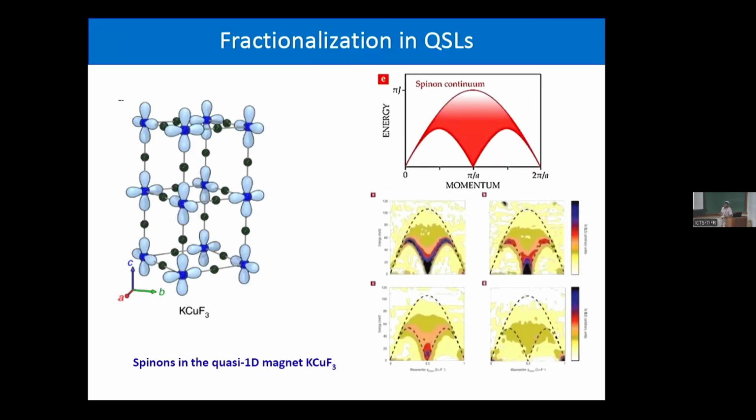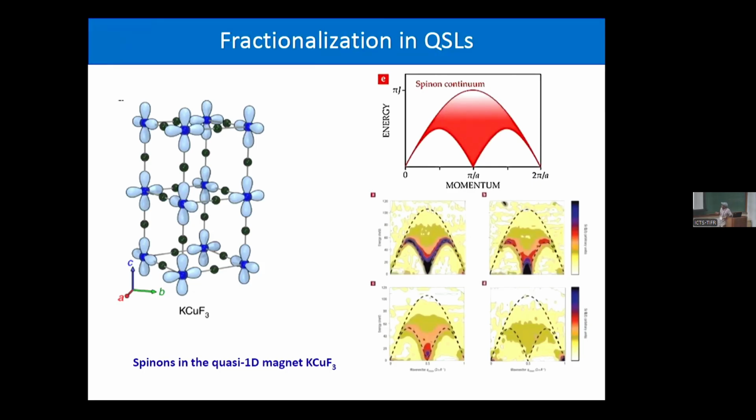So the consequence of this fractionalization for a neutron measurement would be that the sharp dispersive spin-wave-like excitations are replaced with the spinon continuum. The neutron loses some energy, and now it has to be distributed between these two particles, the two spinons, because they are created in pairs, and there is no unique way of doing this, and therefore there is a continuum of excitations.